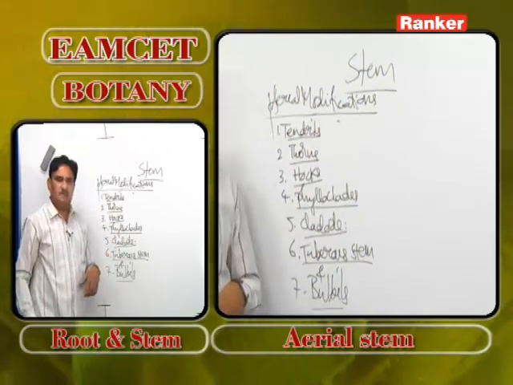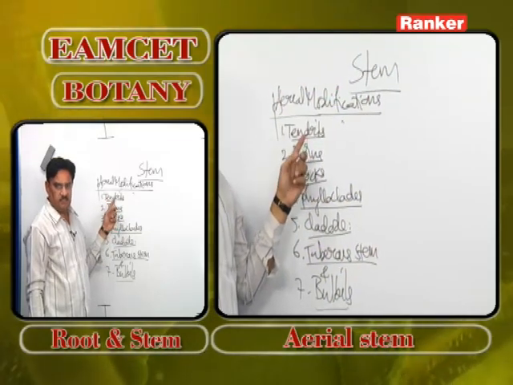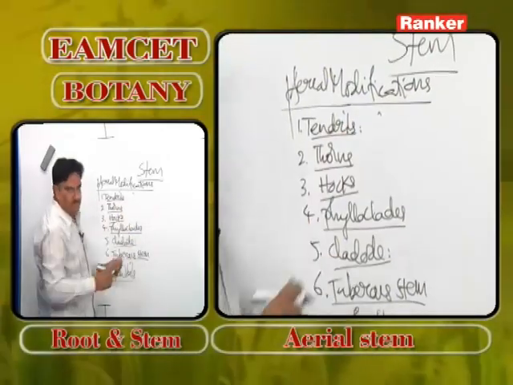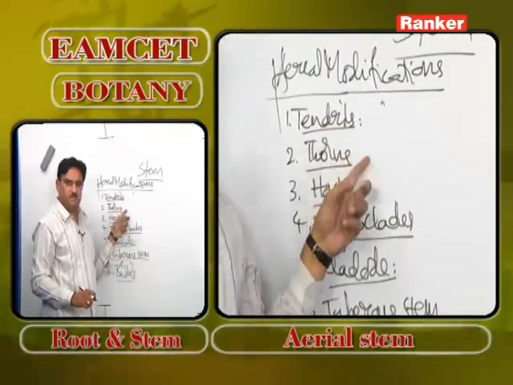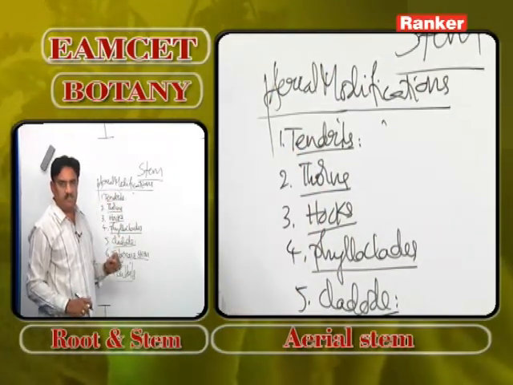First, tendrils. Highly coiled, watch-spring-like, sensitive structures which help in climbing are called tendrils. Tendrils can come from root, stem, or leaf. Then how can you say that a tendril is a stem modification?